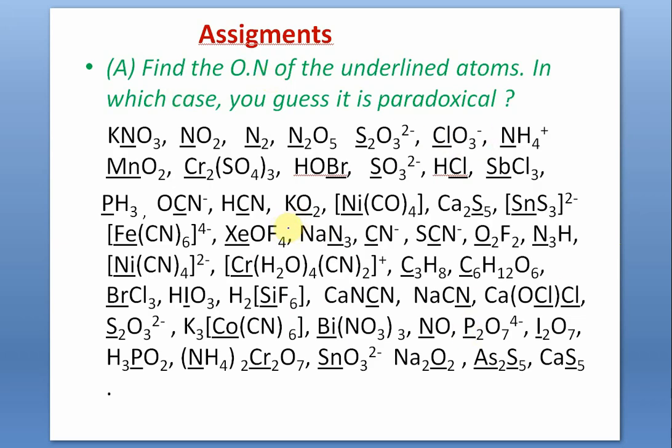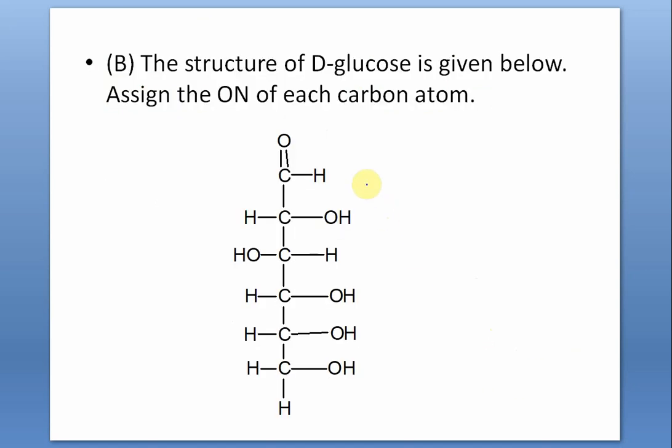You have to assign the oxidation number by the rule method, and you have to guess which one appears paradoxical to you. Many of the examples we have already discussed. And if some we have not yet, and you guess it could be paradoxical, it is not convincing, then you say it is paradoxical. Right? So you do that, and that is the end of the story.